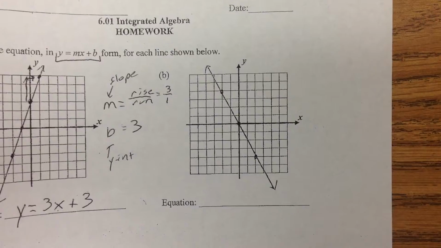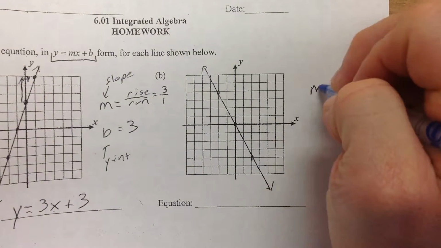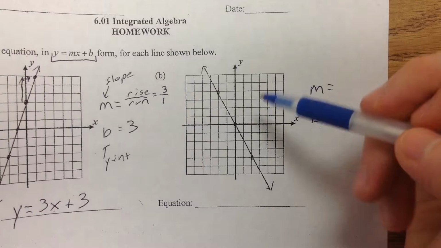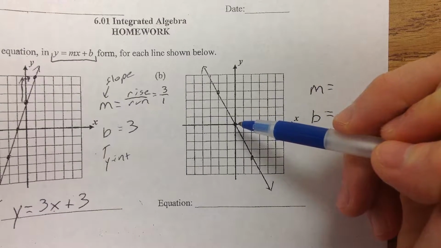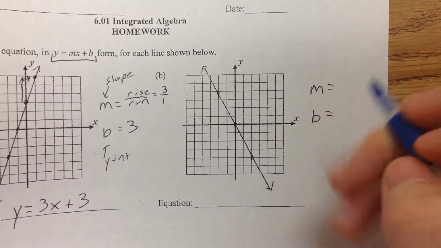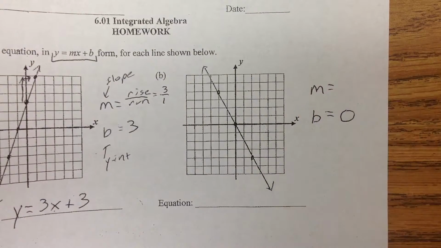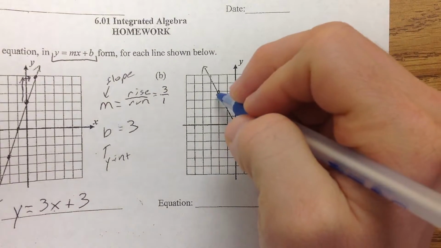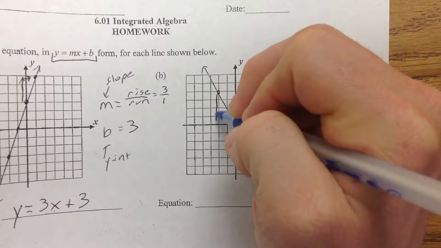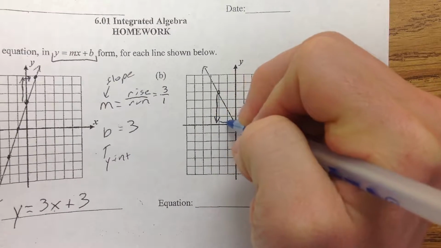All right, so let's take a look at the second one. We've got another line. We're going to need an m, and we're going to need a b. My line is crossing the y-axis right at the origin, which means the b is actually going to be a 0. And then for the slope, again left to right, notice my rise this time is actually a fall.